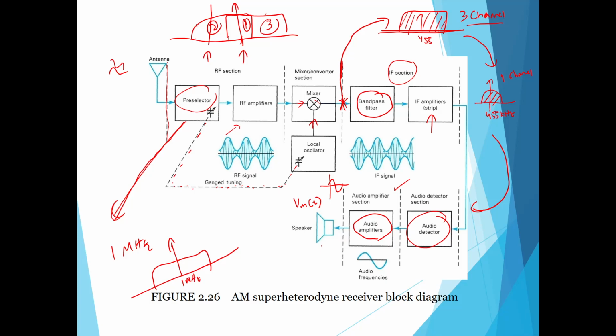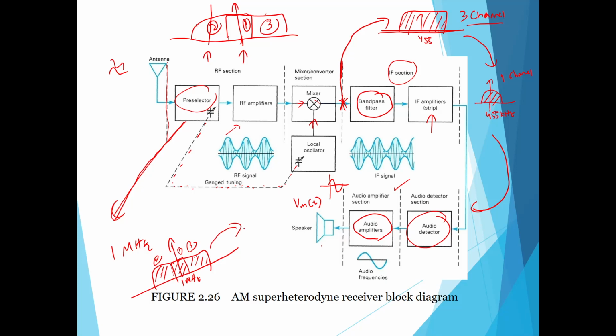This consists of a few channels, the one that I want to listen to, and the other channels that I don't want to listen to. For example, this is channel 1, channel 2, channel 3. I only want to listen to channel 1, centered at 1 megahertz.